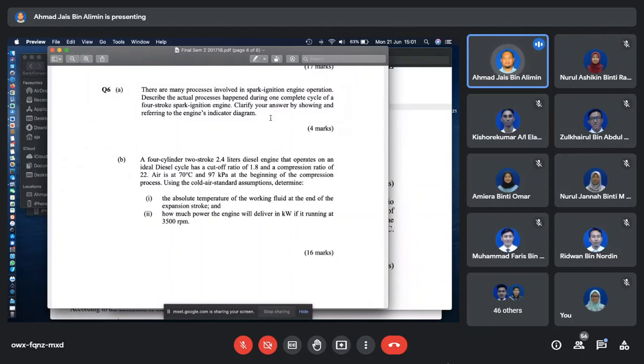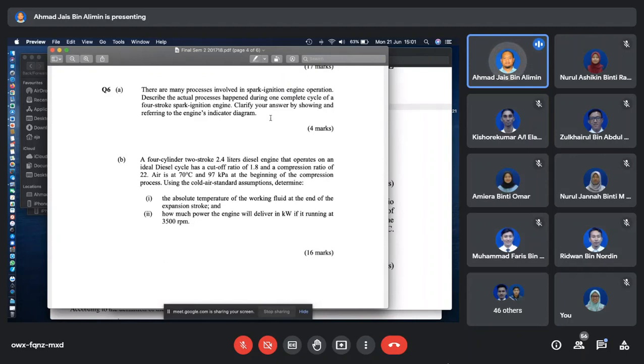So not to differentiate, to explain what are the processes that are involved in spark ignition engines. And then you need to clarify your answer by showing and referring to the engine's indicator diagram. So this is referring to the PV diagram.